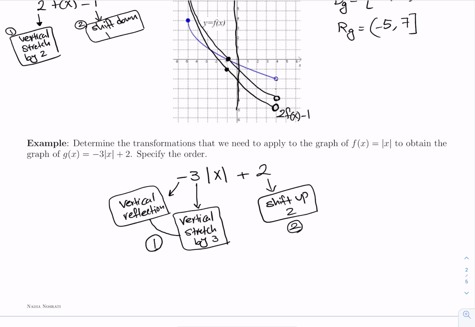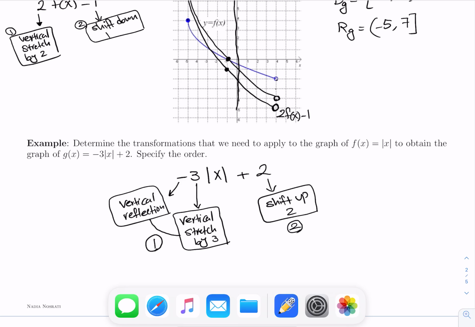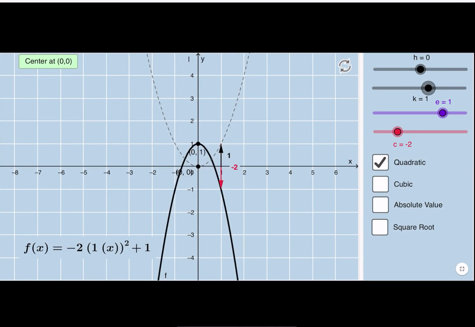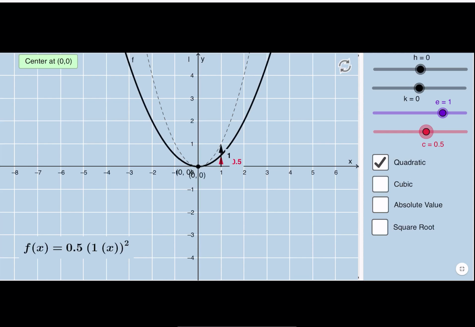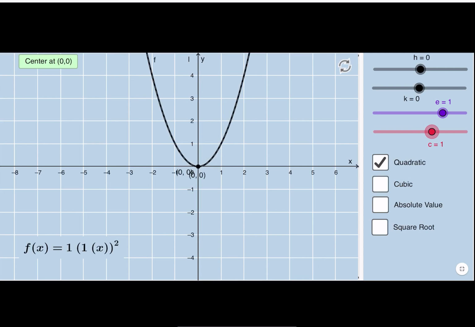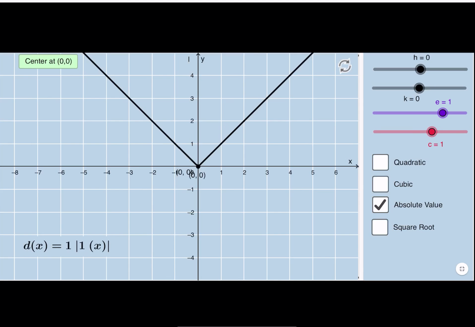Why don't we use our app to take a look at the graph of this function? So we have the absolute value. Let me set everything back to 0. Here's the graph of f of x equals absolute value of x.